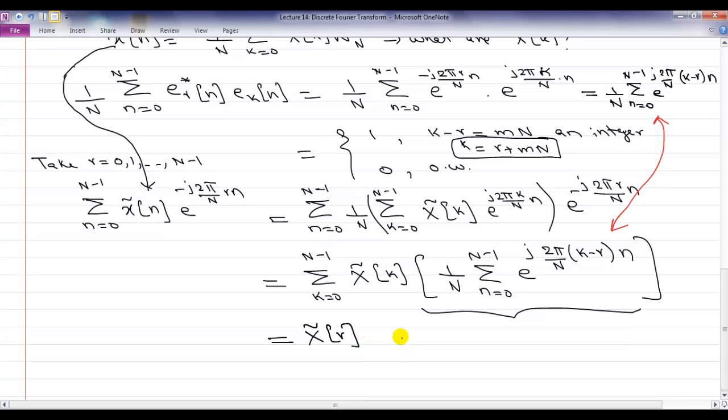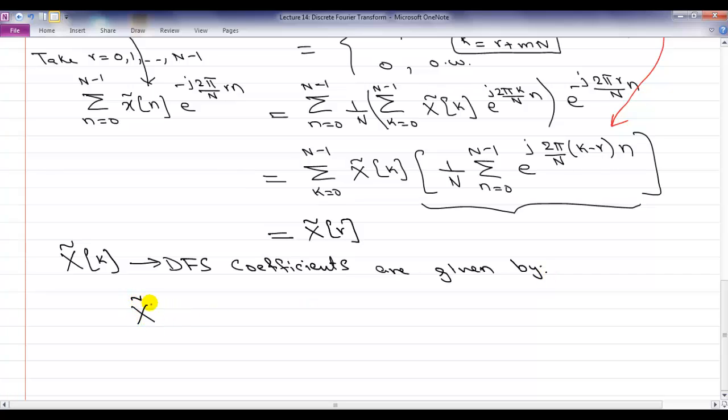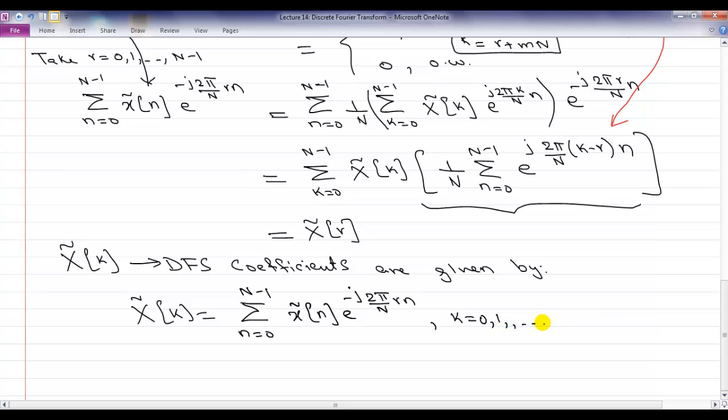It's easy to see that this x tilde of r, or x tilde of k as we will now call them, because that's just a dummy variable, the discrete Fourier series coefficients, are then given by x tilde of k equals 1 over N, no, x tilde of k equals the sum over n from 0 to N minus 1 of x tilde of n e to the minus j 2 pi over capital N times k n, for k equal to 0, 1 up to N minus 1.